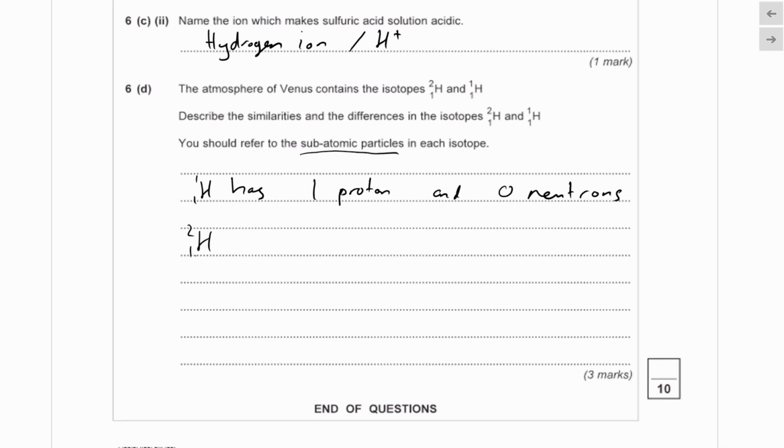And the hydrogen with a mass 2 has 1 proton. Right, I'm going to write also here actually. Make it a bit more clear. Also has 1 proton because that shows it's a similarity. But has 1 neutron.